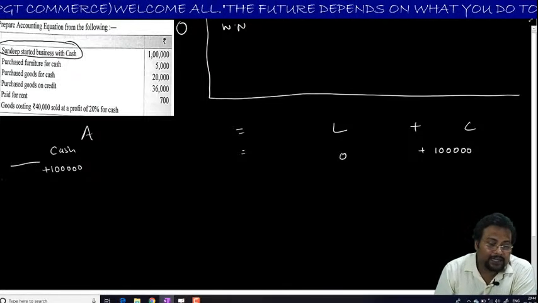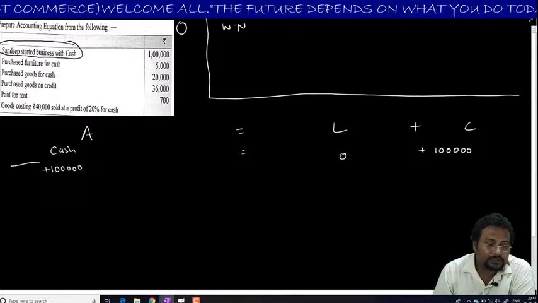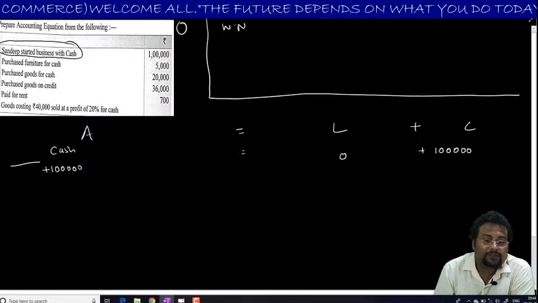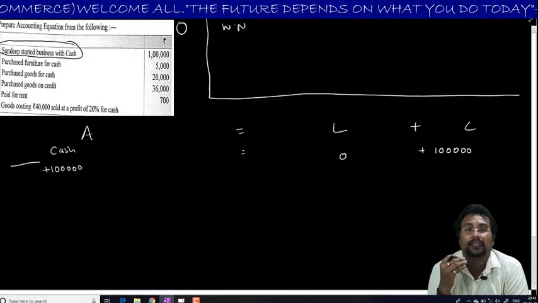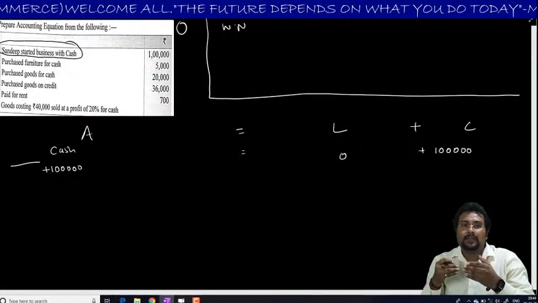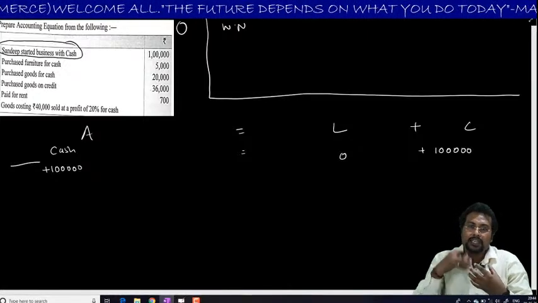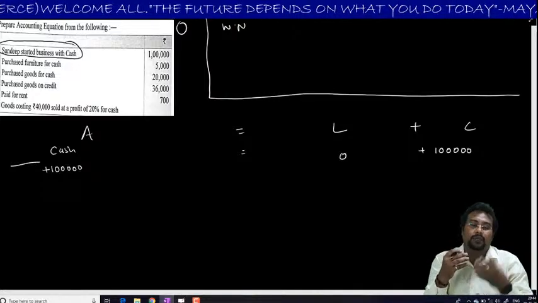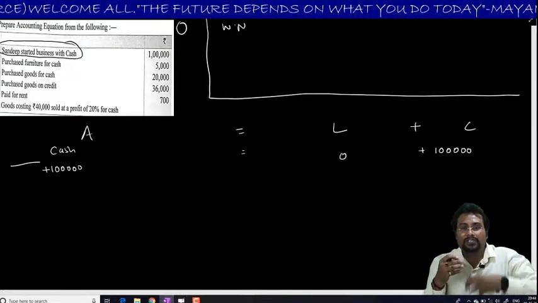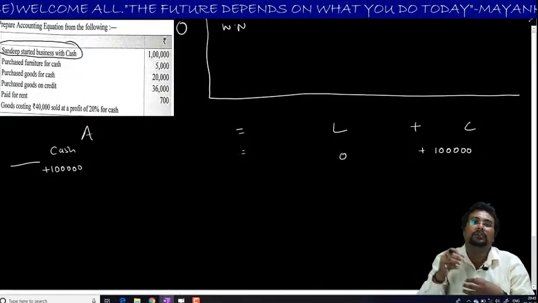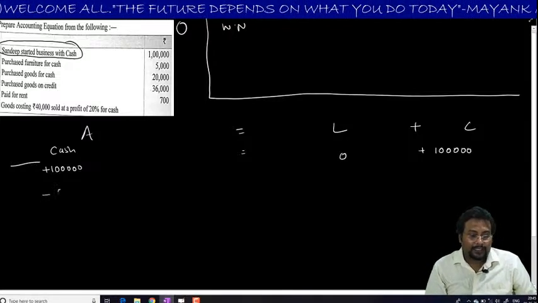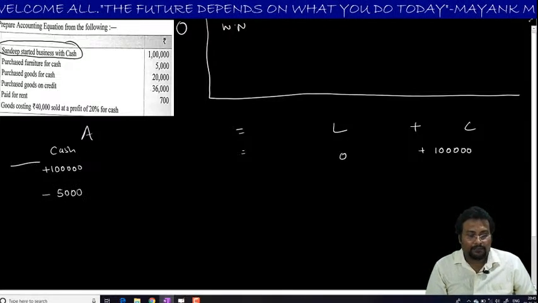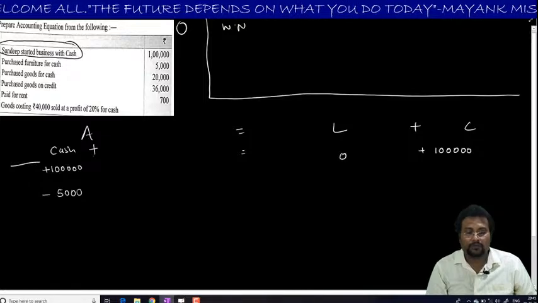Now the second one is purchase furniture for cash. Now you just think what is coming into the business? Furniture. And what is going out from the business? Cash. So in the cash column, minus 5,000 rupees for the purchase of furniture.